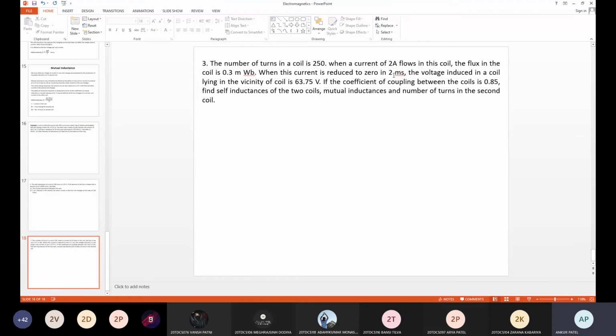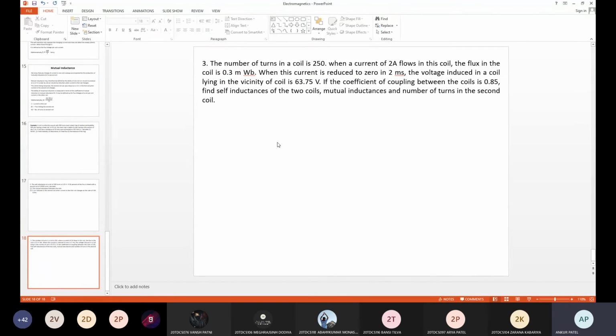Okay, this dt is equal to 2 millisecond, or 2 into 10 raised to minus 3 second. Then this 63.75 volt, induced EMF of coil 1 or 2? Coil 2, EM2. And this 0.85, K, that is your coefficient of coupling.